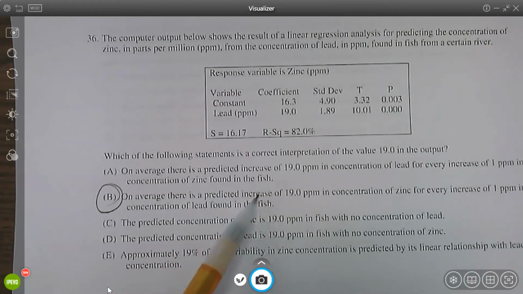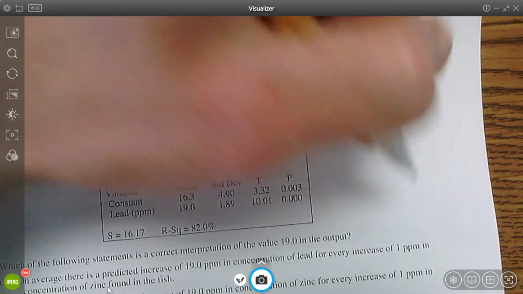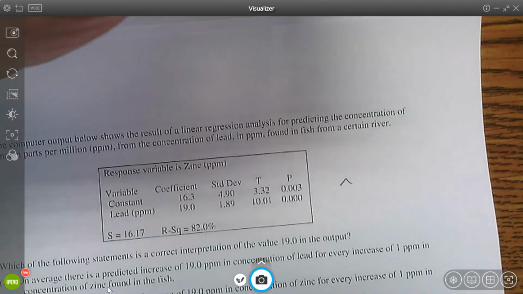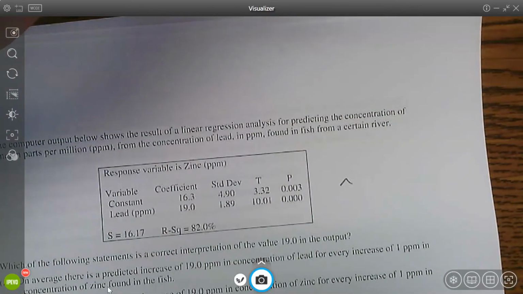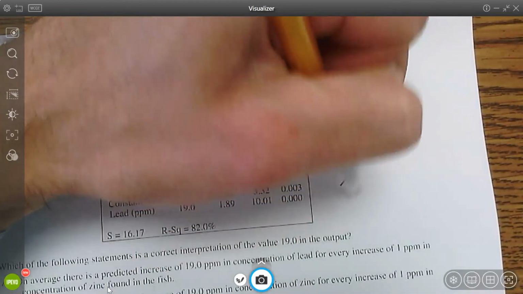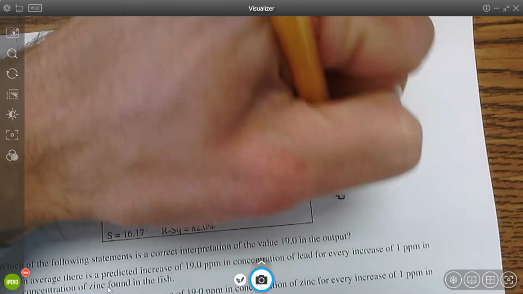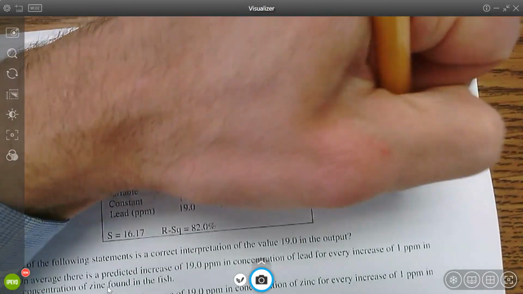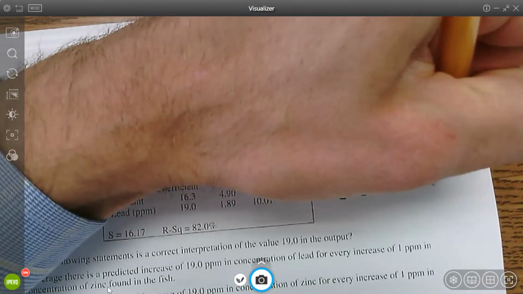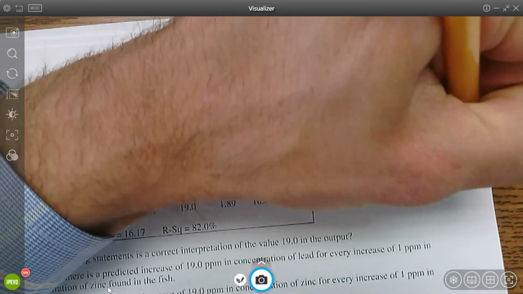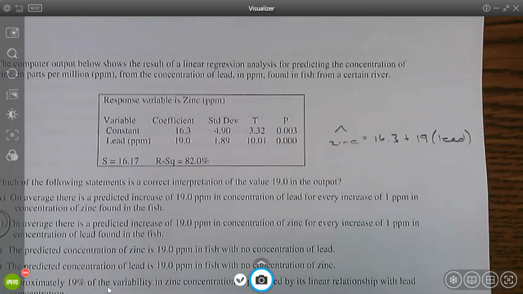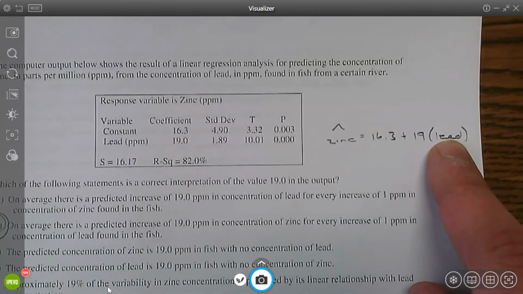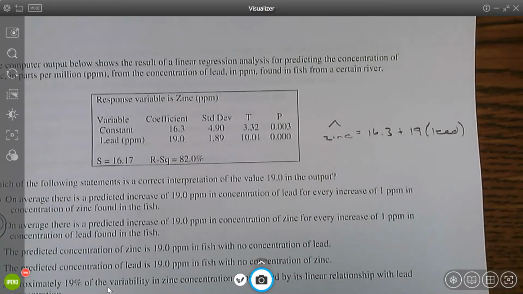There's a predicted increase because your least squares regression line here would be how much zinc there is equals 16.3 plus 19 times the amount of lead. So as the amount of lead goes up by 1, the predicted zinc goes up by 19.